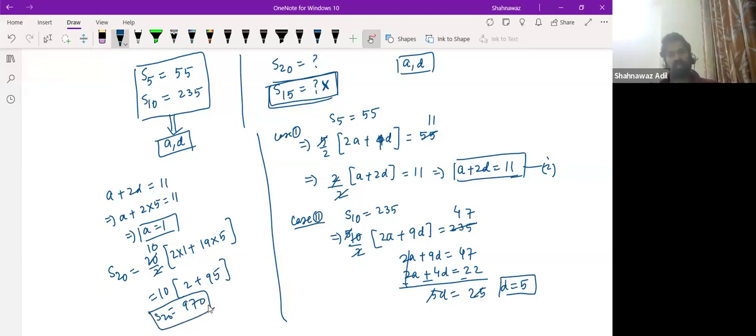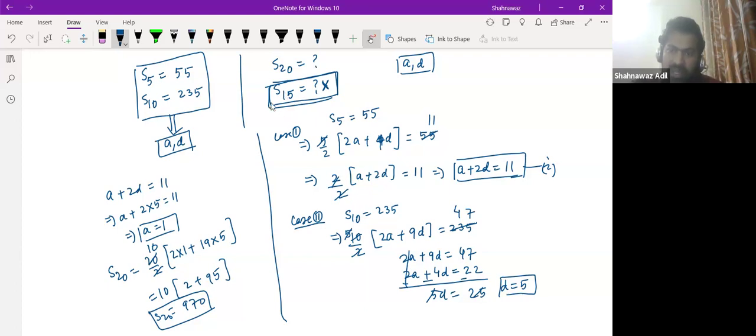Now the question is that we have to calculate the sum of the last 15 terms. Sir, but we don't know n, the total number of terms. Yeah, that is what I was saying, right? Even for me, I was not able to solve it.